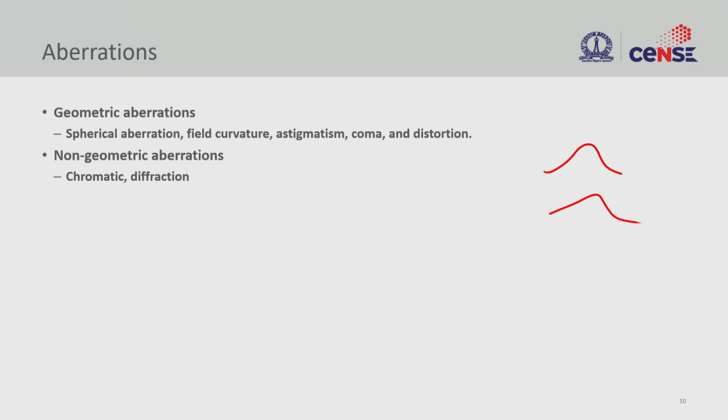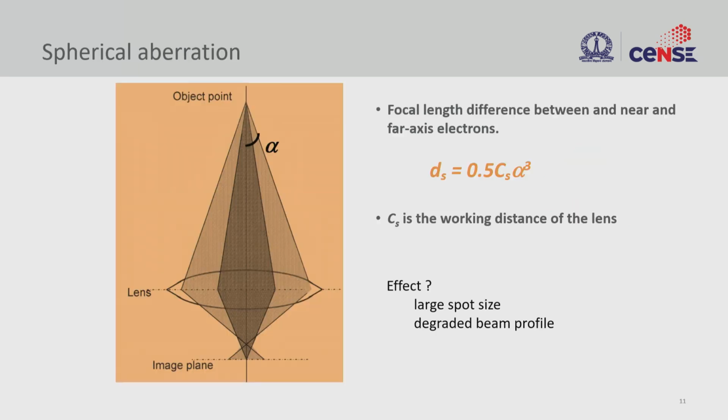Astigmatism, chroma and distortion: these are all terms that one should have encountered in simple optics, and they all apply here as well. That is what we call geometric aberration. And there is non-geometric aberration, which is chromatic dispersion and diffraction. These two are non-geometric; there is no physical structure that is creating this aberration. On the top, the geometric aberrations are all from the physical structures.